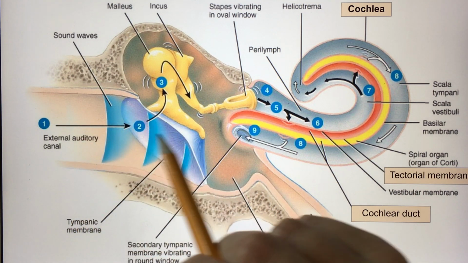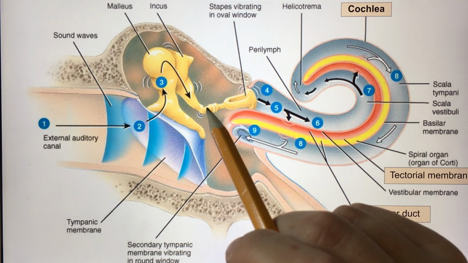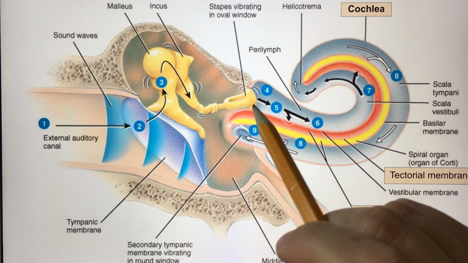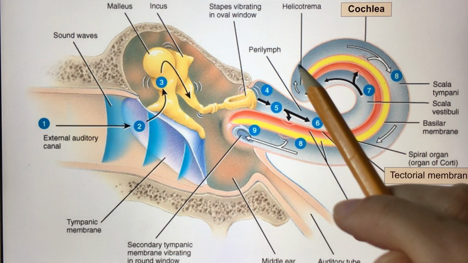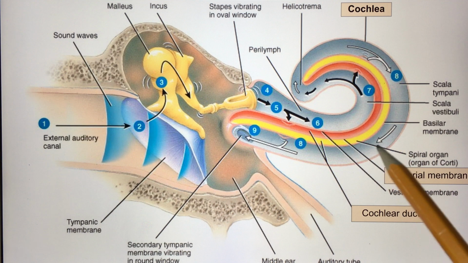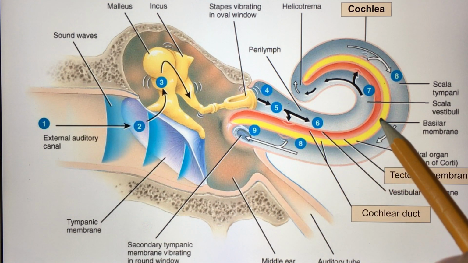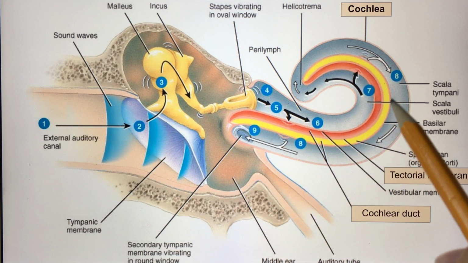So the sound vibrates the eardrum, that descends to the malleus, then to the incus, then to the stapes, then it vibrates through the membrane. That vibrates the liquid inside of the cochlea. That liquid is vibrating, and that activates the hair cells that are located on the side of the cochlear structures.